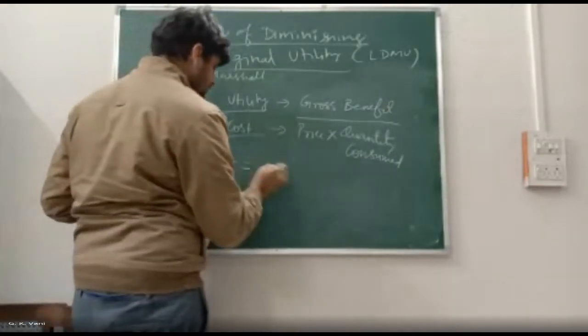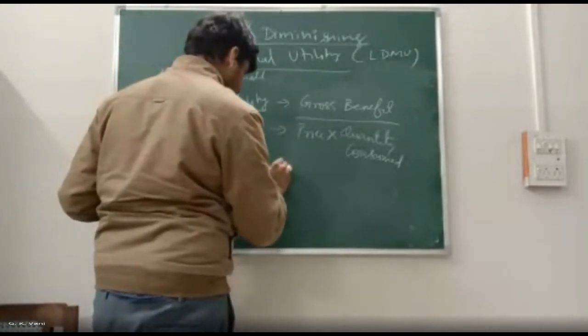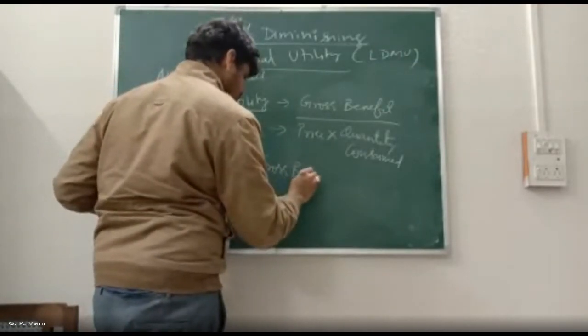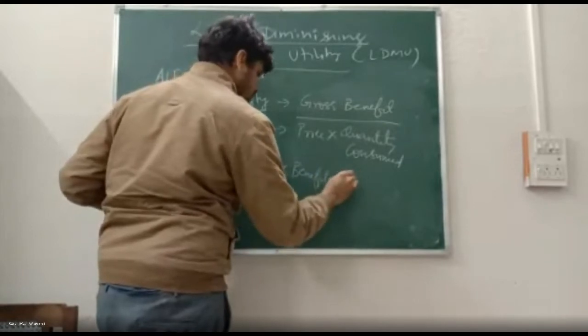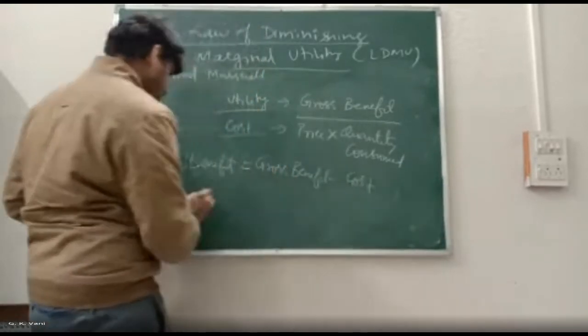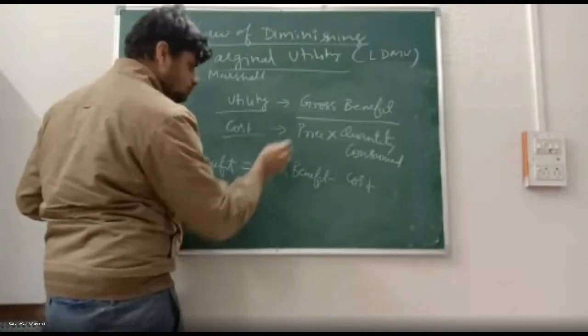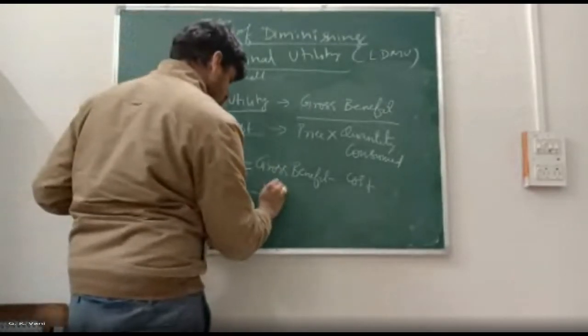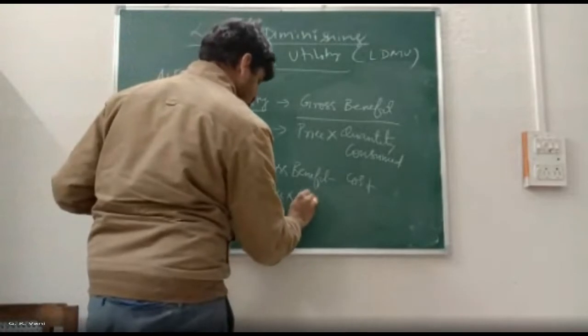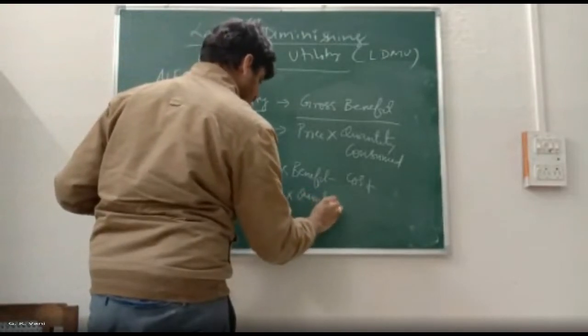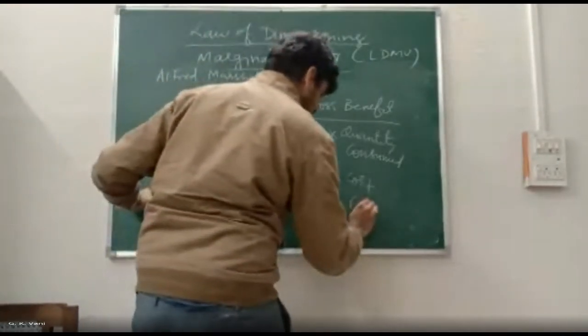So what is net benefit? It's gross benefit minus cost. And what is net benefit? It's utility minus price times quantity consumed.